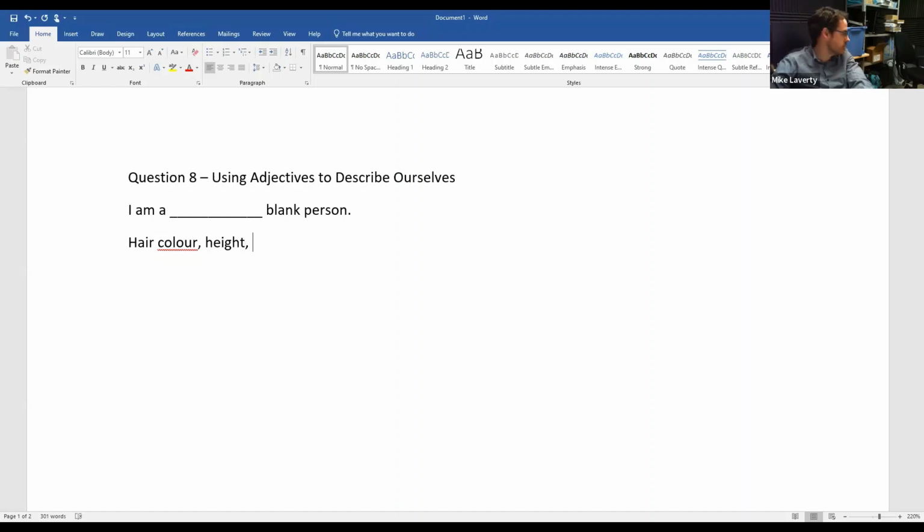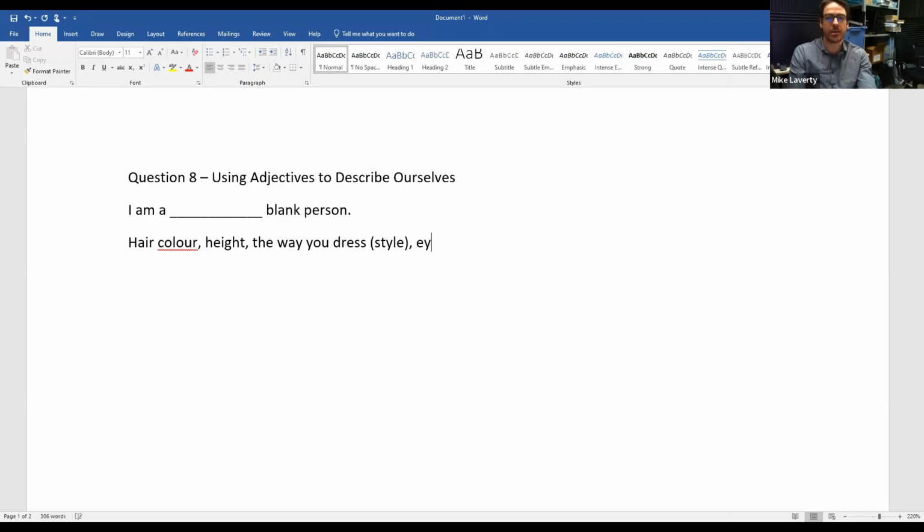You could do the way you dress, the way you act, like your style. So it's going to be visuals, right? Mostly it's going to be what you look like. That's going to be the main visual. You can talk about what you smell like. Hopefully you smell good. What you feel like, what you look like. I would stick to the visual. It's going to be the easiest one.